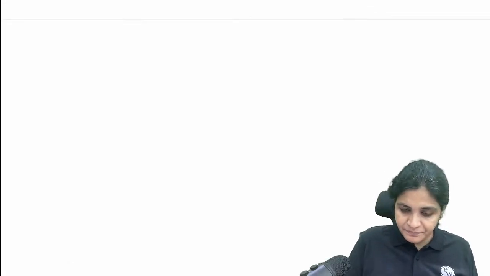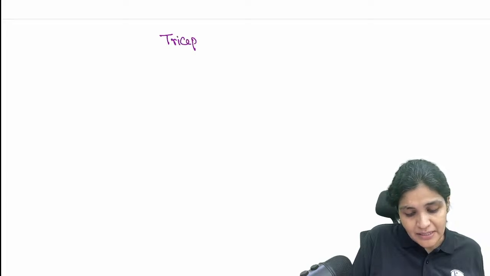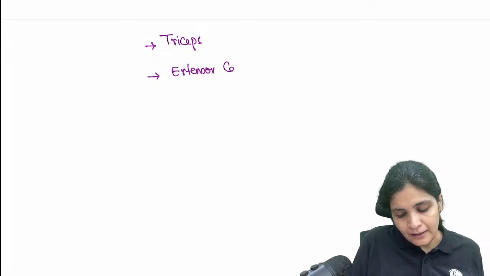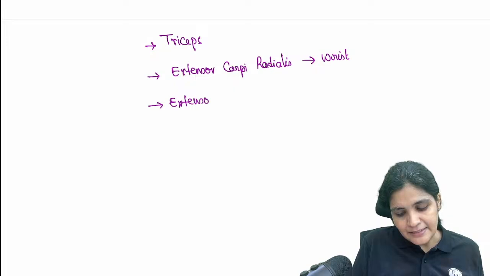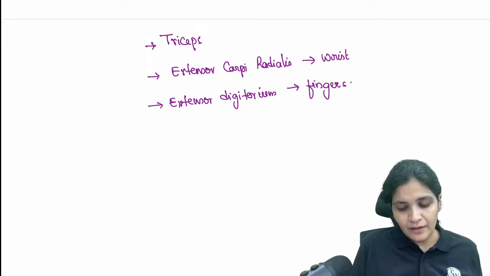And now we are going to test the triceps, individual muscle testing, right? And then you can test for your extensor carpi radialis, which is supplying the wrist, and then you can examine the extensor digitorum, which supplies the finger, right?